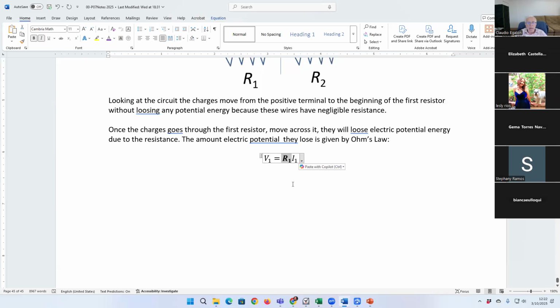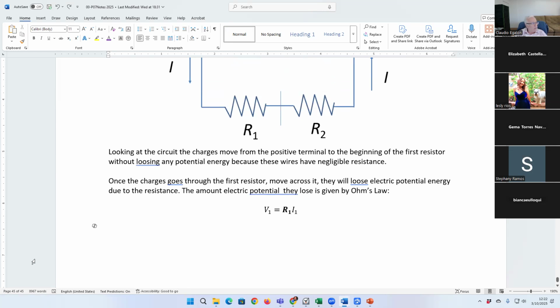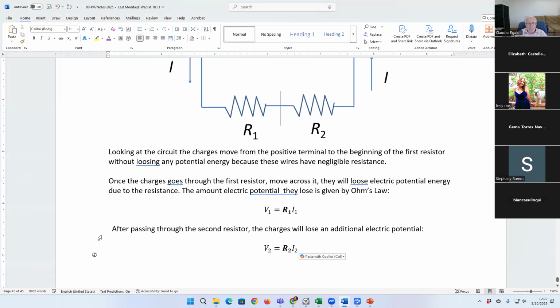We know R1. We do not know I1. We do not know V1. But then when it goes through the second resistor, it's going to lose some more electric potential, which is going to be V2 equal to R2, I2.